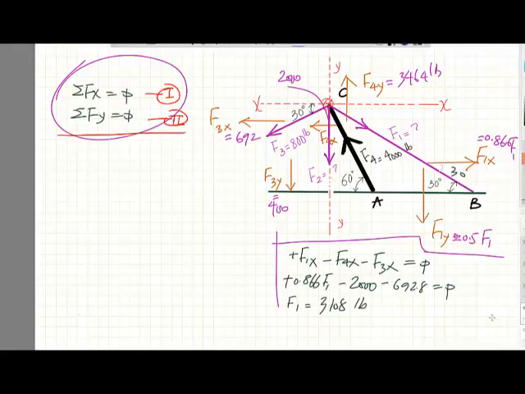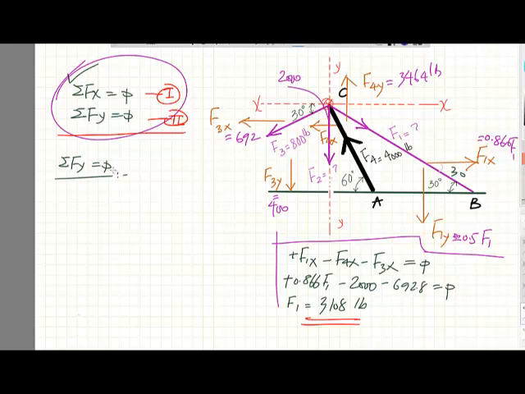Now that we calculated the value of F1, we'll continue to calculate the value of F2. To do that, we'll need to use the sum of all forces in the y direction, because we used the first one. So the second one, the sum of all forces in the y direction equal to 0, and for that one we'll sum up all components in the y direction. We're starting with F1.